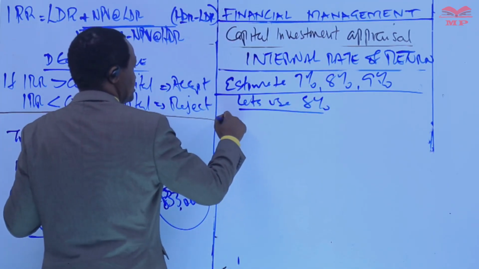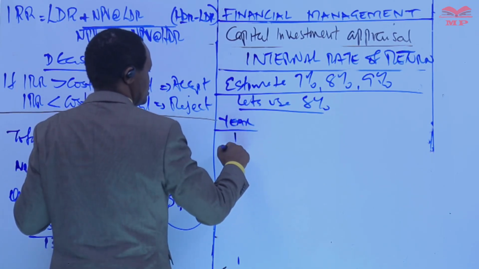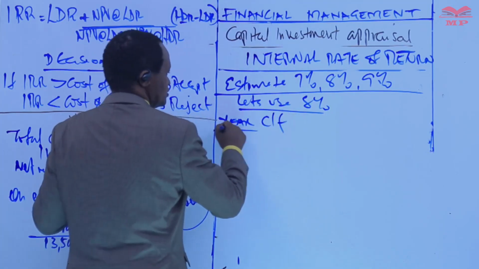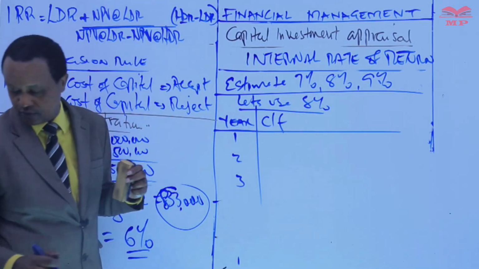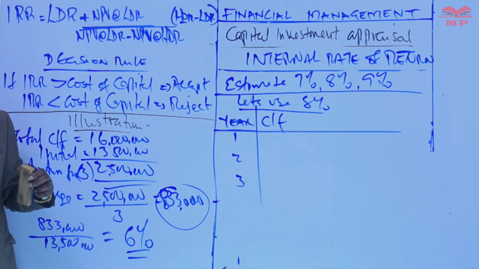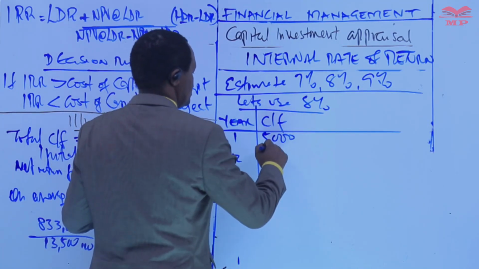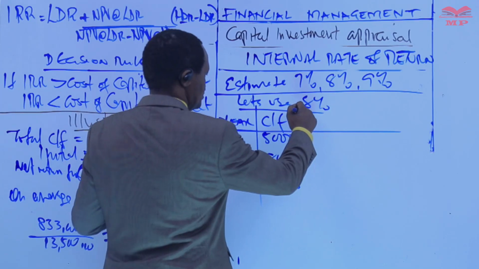We'll have here 1, 2, 3. The cash flows, year 1: 5 million, 8 million, 3 million.